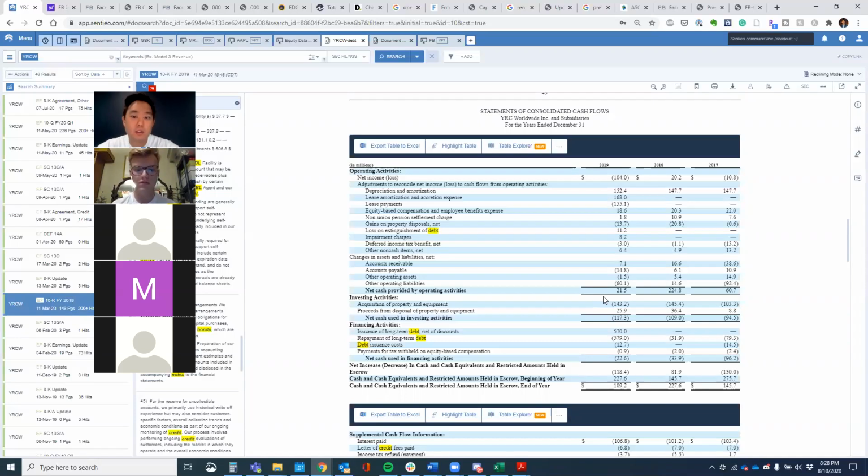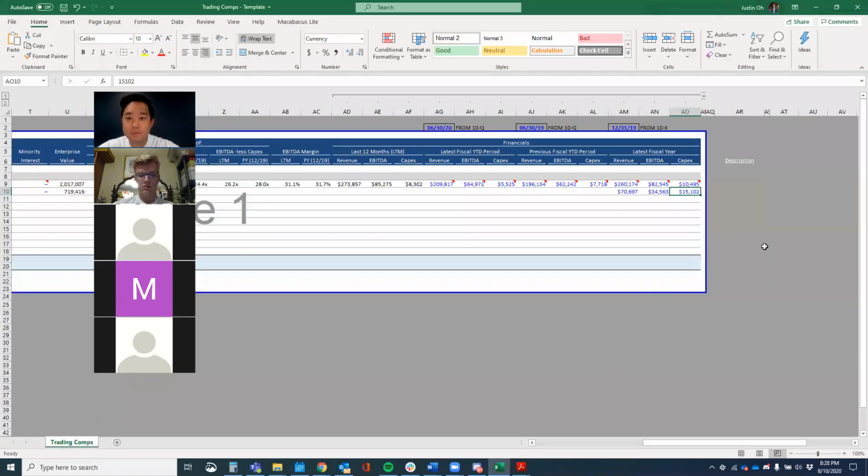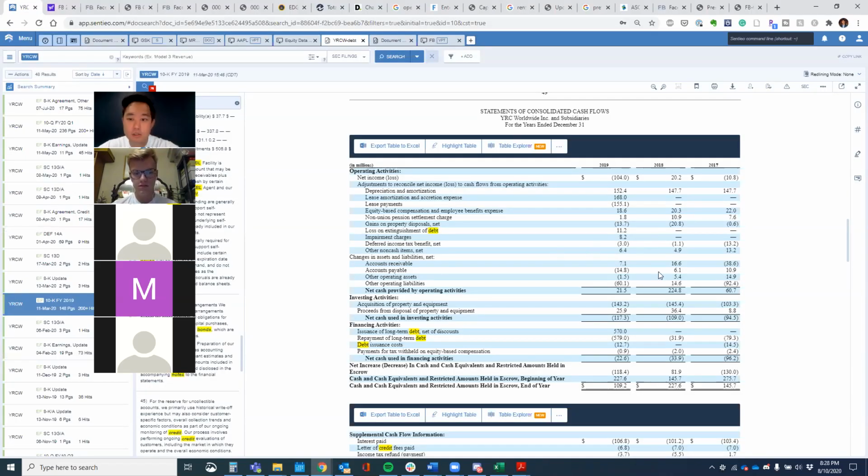So they still have residual value, but they never keep them until they're dead. So you want the net PP&E here. That's just a guess. You'll have to read everything to understand that. Cool. So that's the latest fiscal year. Is that good, David? Yes, that answers my question.